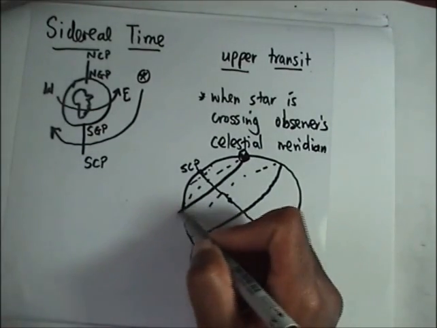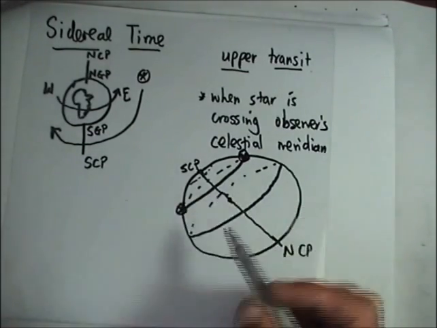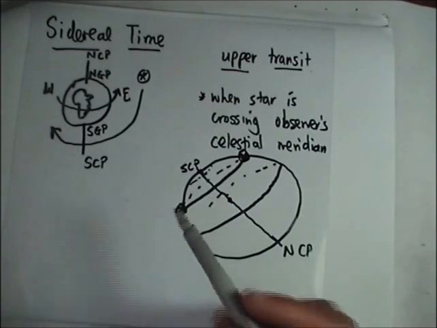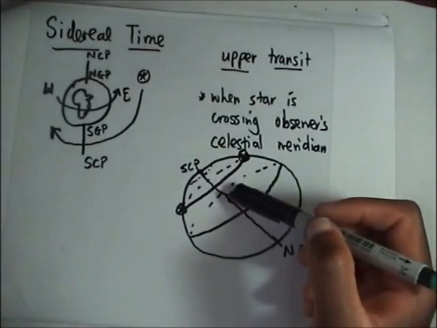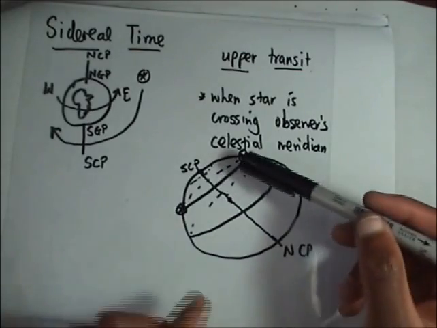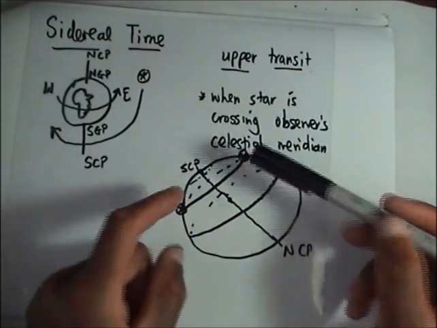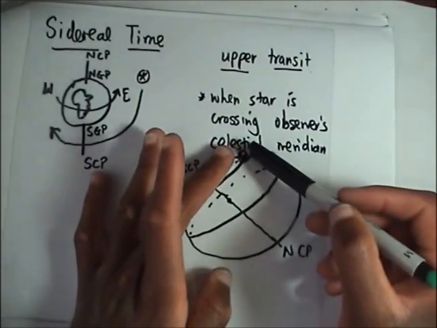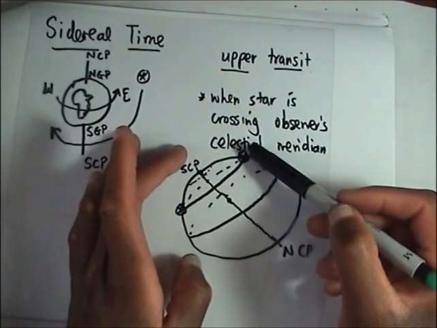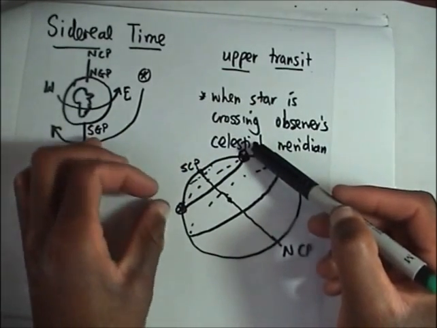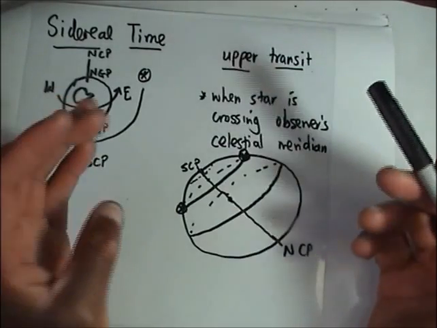Some people might argue that it's also crossing at this other point, which is also true. But the upper transit occurs when the star is crossing the celestial meridian above the visible pole. There are two transits.